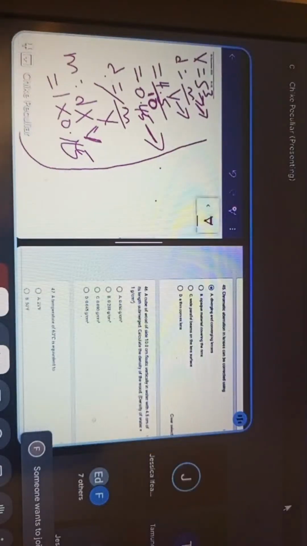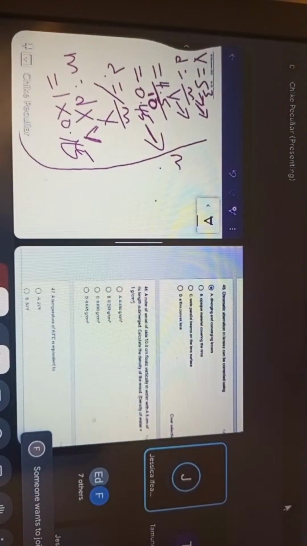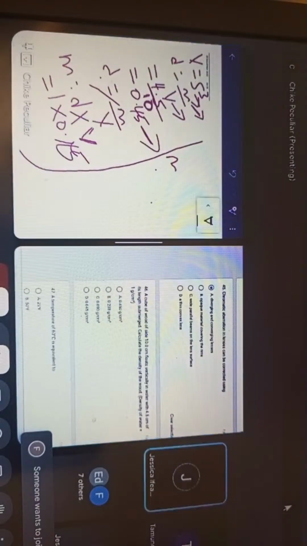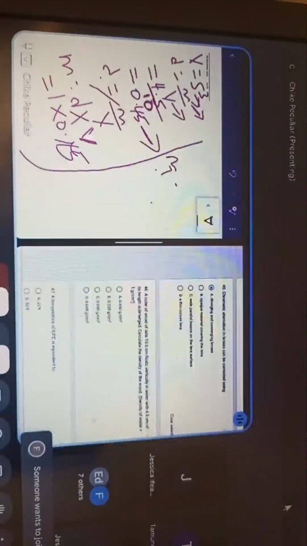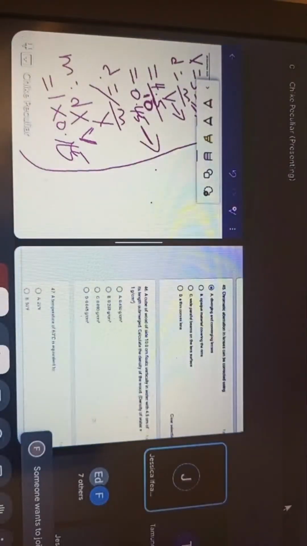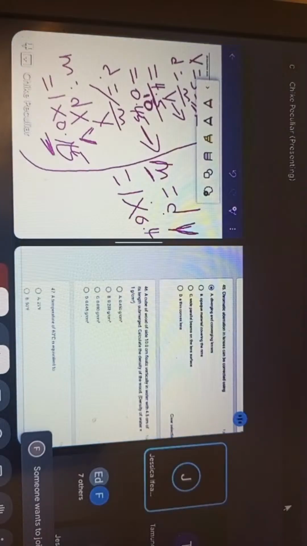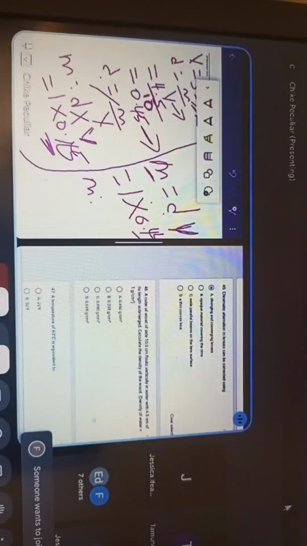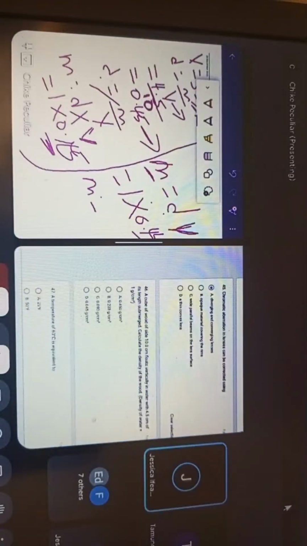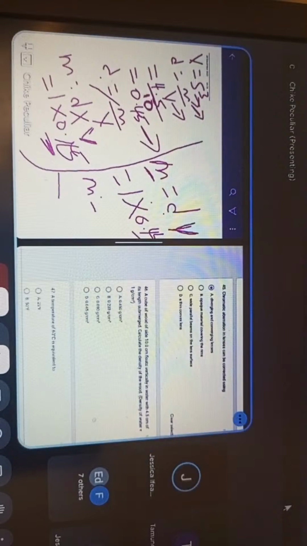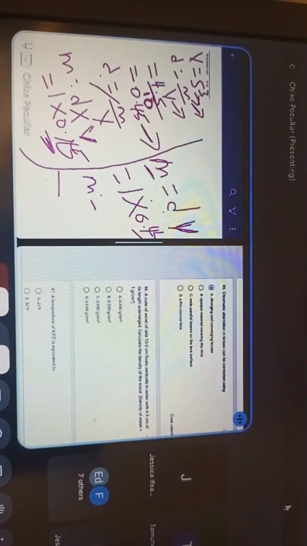So the mass of the wood being submerged, this formula here, mass is what? Density times volume. So mass, let me erase this. So mass is equal to density times volume. So that means the mass of the substance is going to be equal to the density, which is water, times the volume submerged, 0.45.